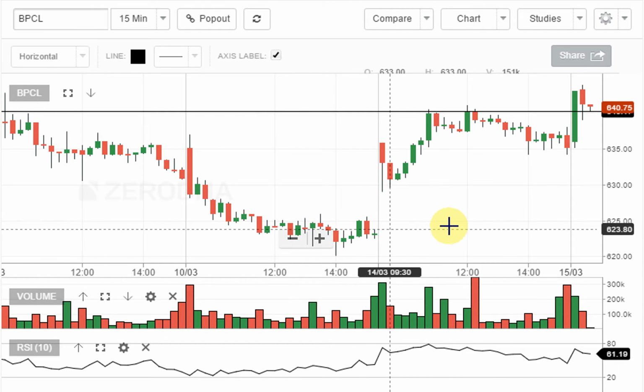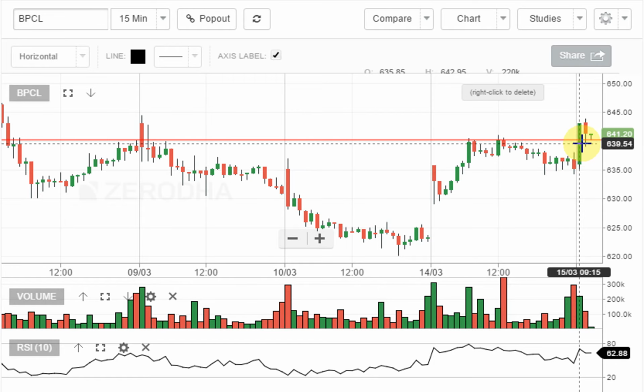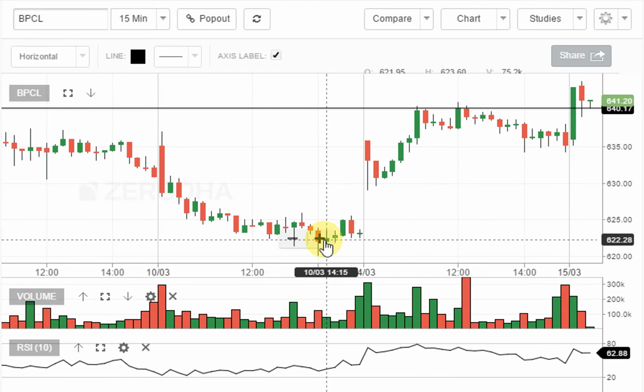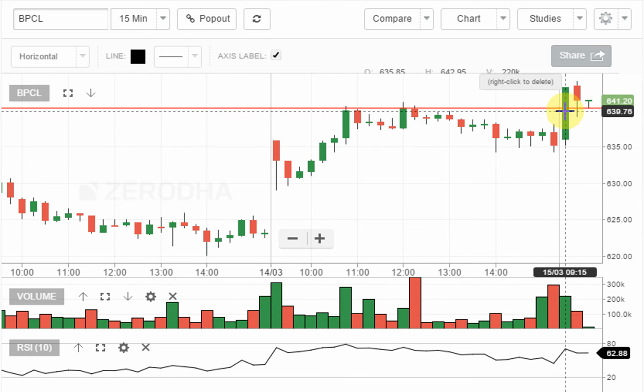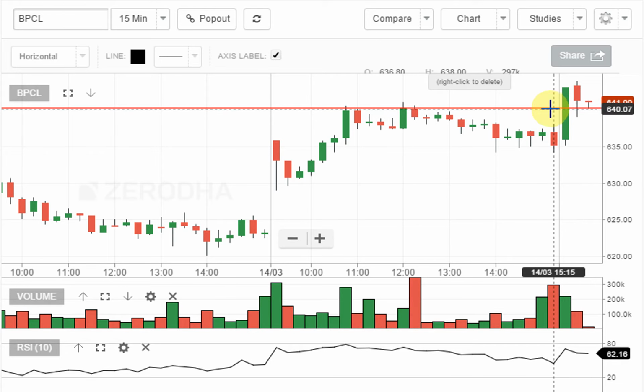The support and resistance law says that whenever there is a breaking of support or resistance, the stock will come to test that line again. So this line was a resistance, was broken, and after that tested again, and now you can enter into this stock at this moment. These are the situations we handle in support and resistance.